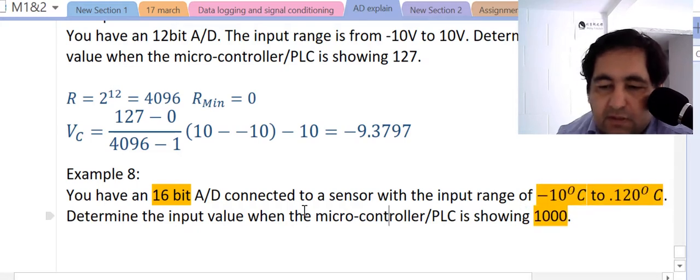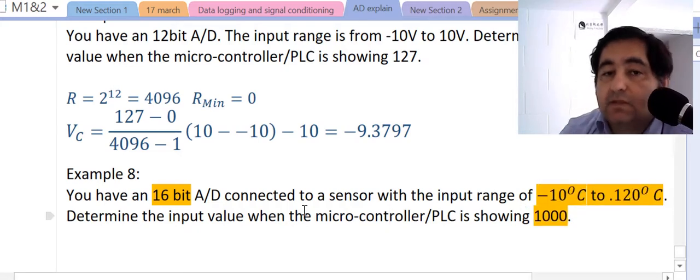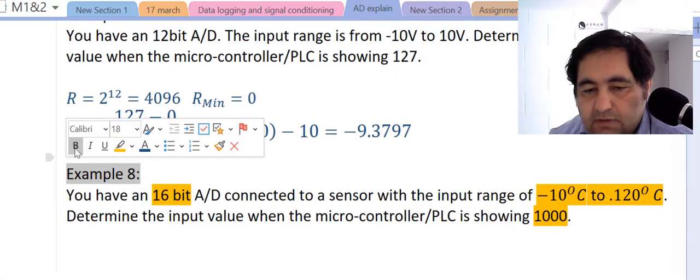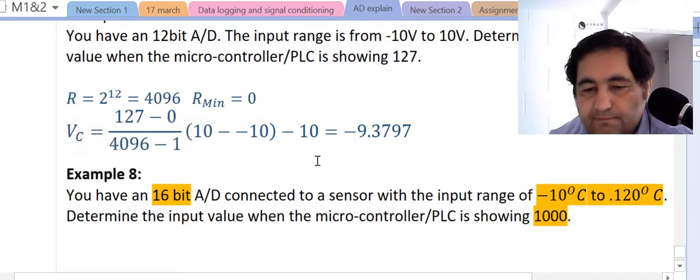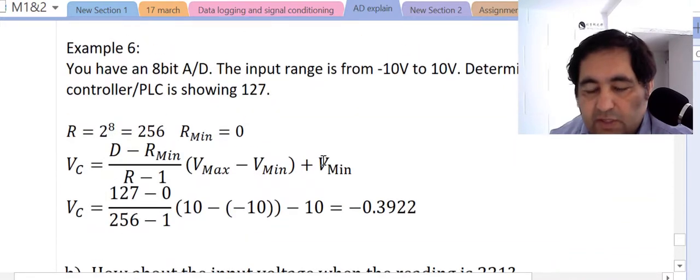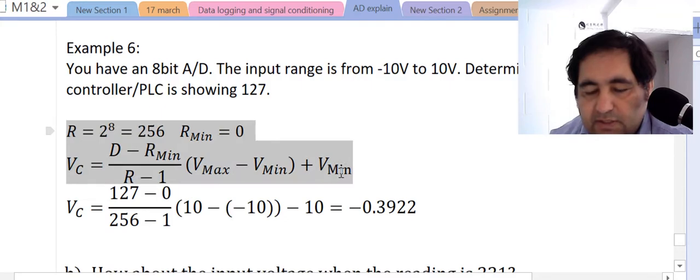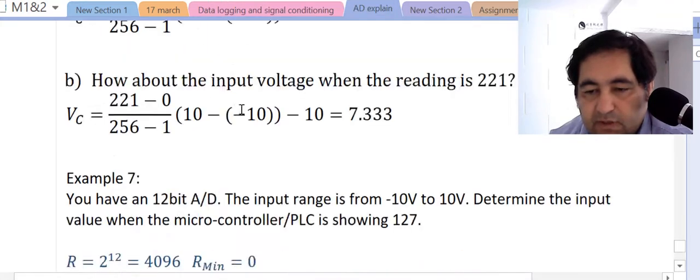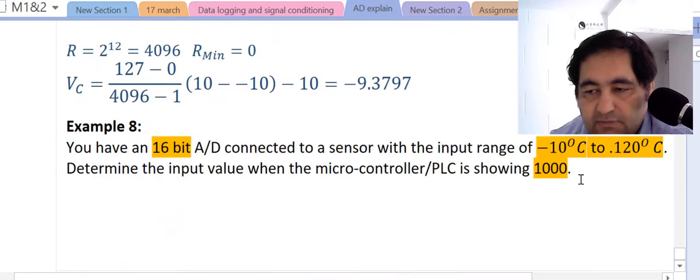What we should do here, well, let me solve it. A lot of that is going to be similar, so we need a similar formula, but obviously the number of bits is going to be different.